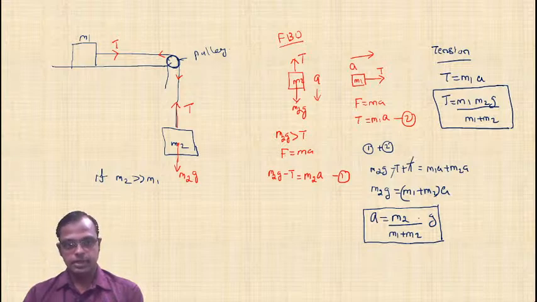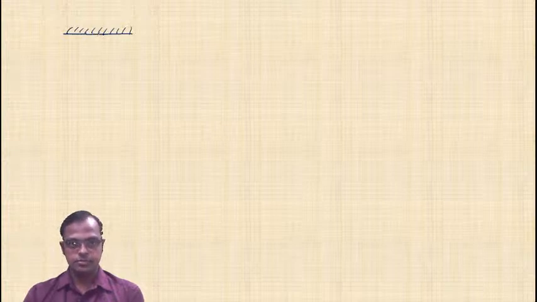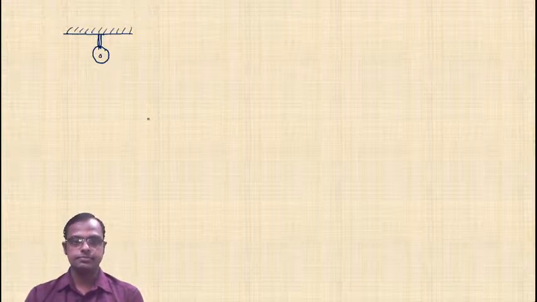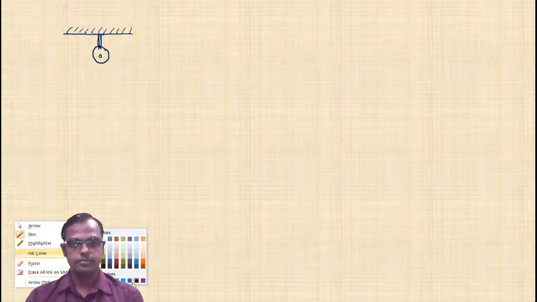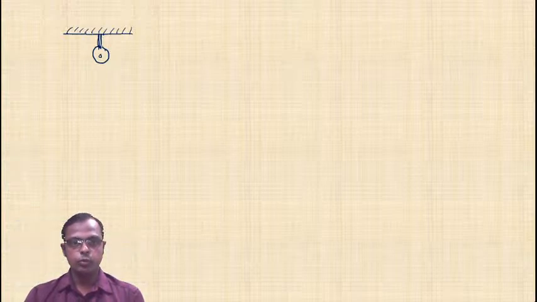Okay, the next case, same thing, connected bodies only. But you see the picture here, this is a rigid surface. On the surface, with a rigid support, there is a pulley connected.